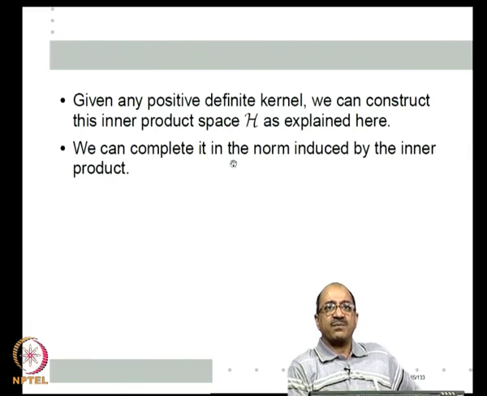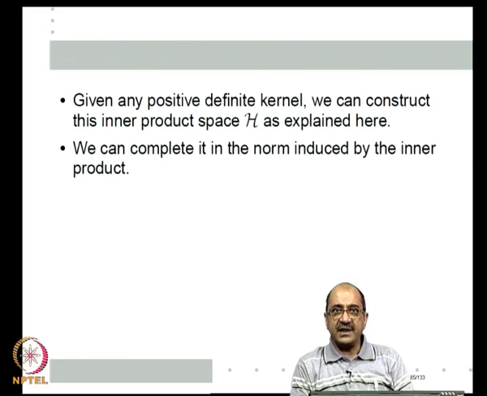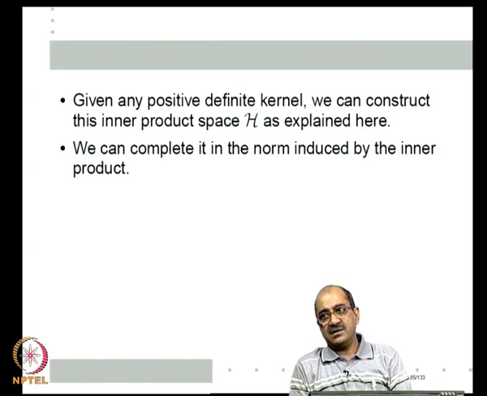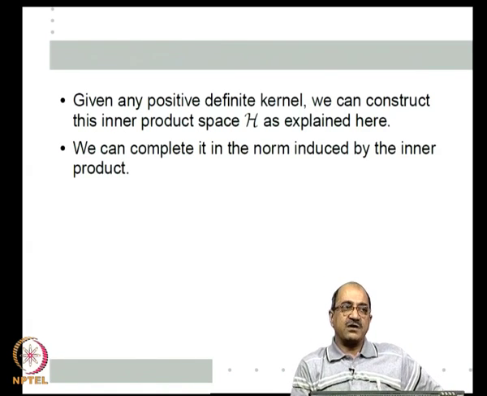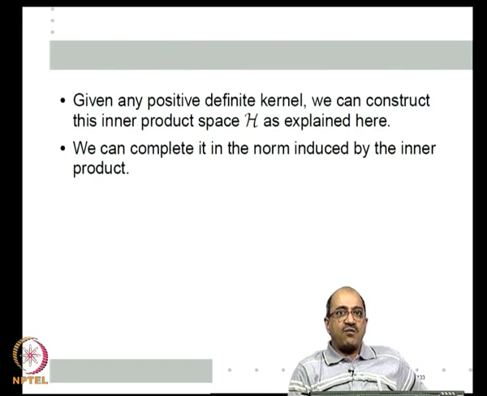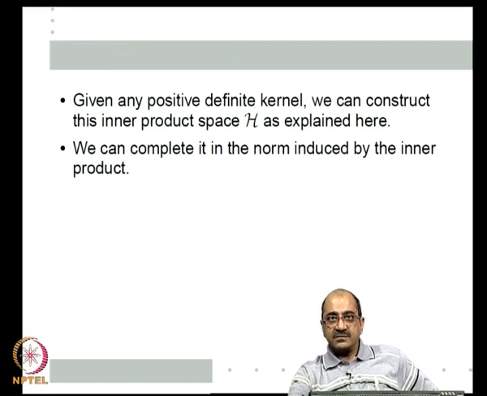This space happens to be a vector space on which I can put an inner product, and once I put this inner product, technically I want this space to be complete. What do I mean by complete? An inner product obviously gives me a metric, right. If I have an inner product between two elements f comma g, then I can have a norm for f as norm f square is inner product f comma f, and I will define the distance between f and g as norm of f minus g, right.